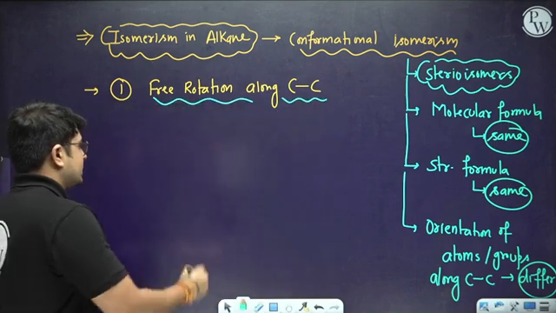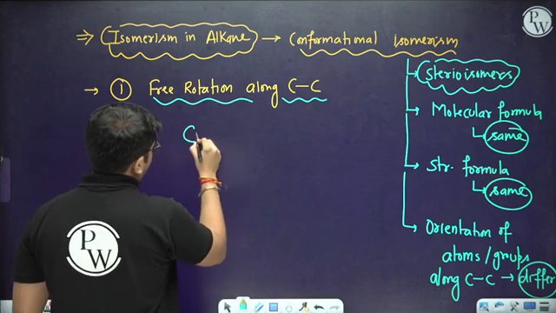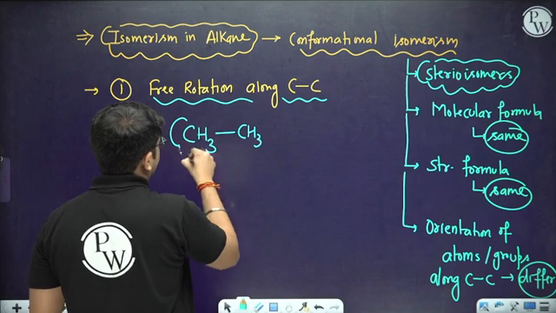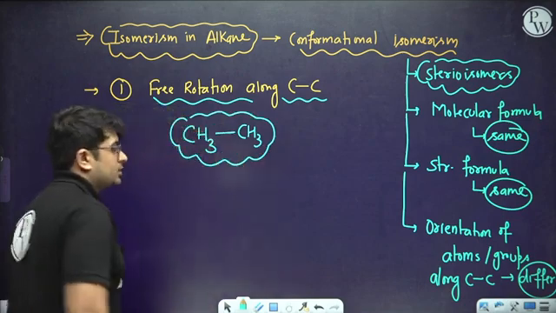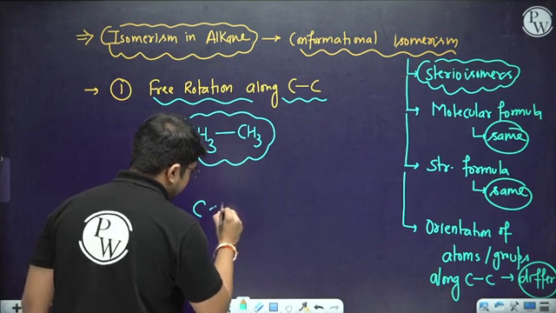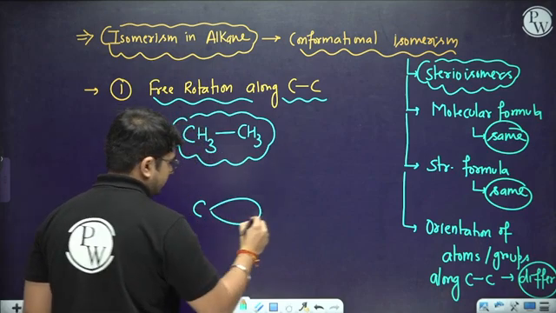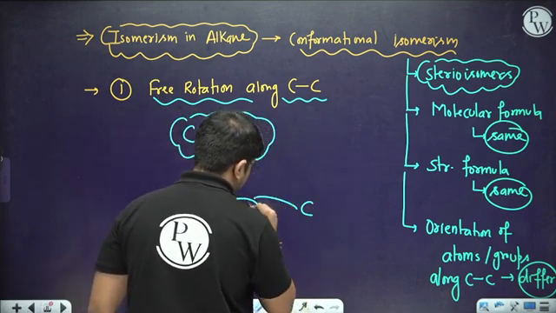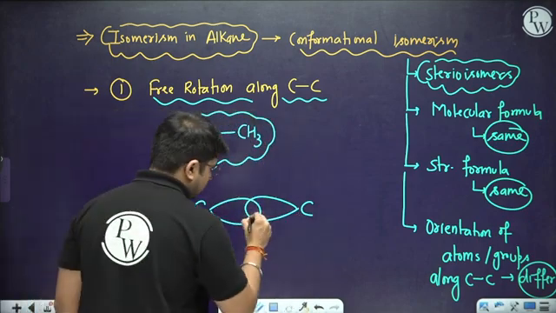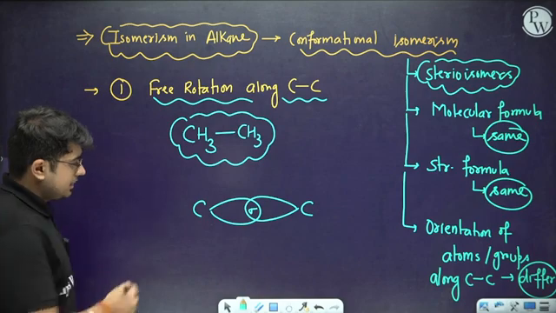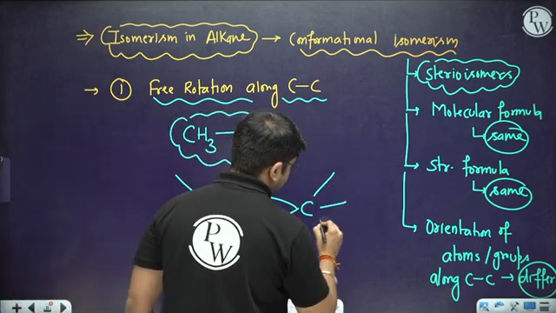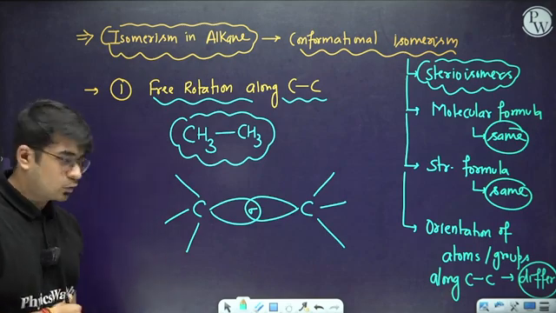Let's say I'm talking about a structure with CH3 and CH3. To explain the bonding here, I can say that we have a carbon which forms an overlap with the other carbon. This entire part is going to be a sigma bond, and let's say I have three other atoms attached.